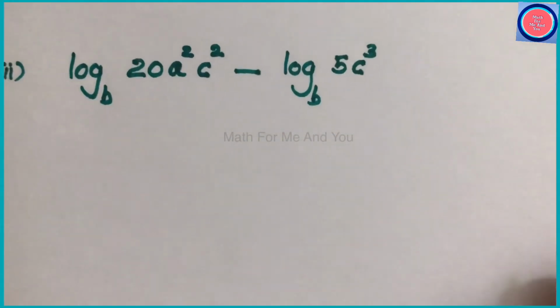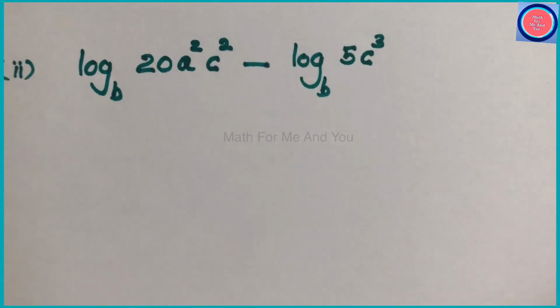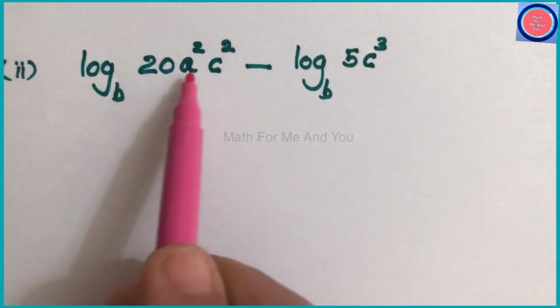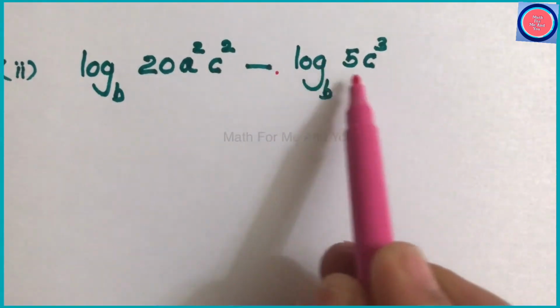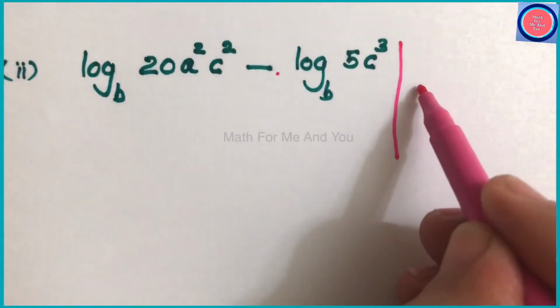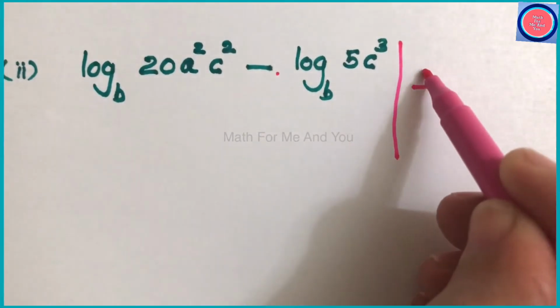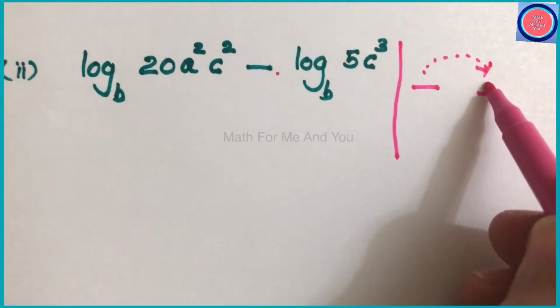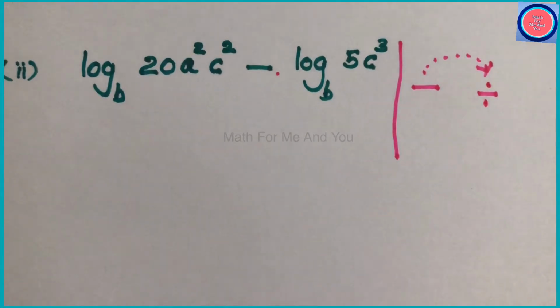Second question. Here we can see 2 logarithmic terms, separated with the operation minus. Log 20a square c square minus log 5c power 3 with the base b. Both the terms with the base b. And if we see minus or subtraction, we change with the operation division.